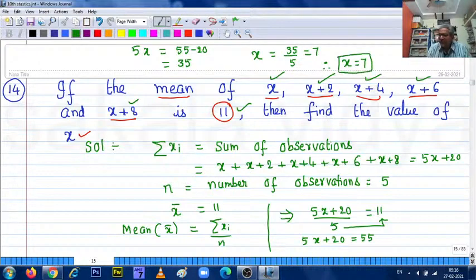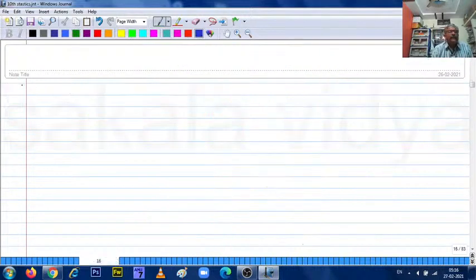So you try this question once again yourself, just so you get the idea. Now the 15th problem.